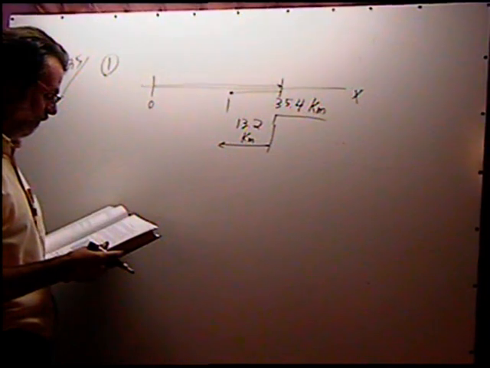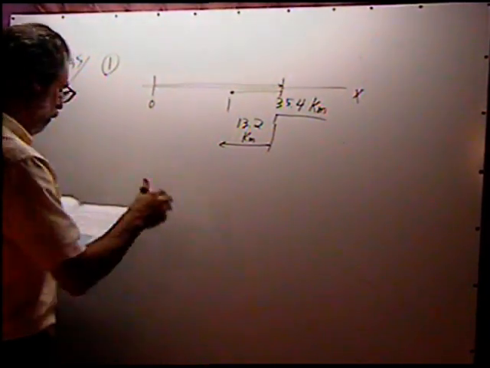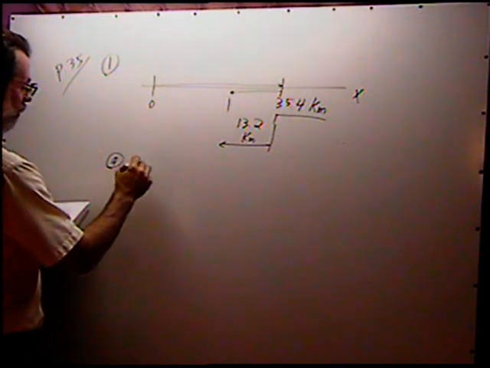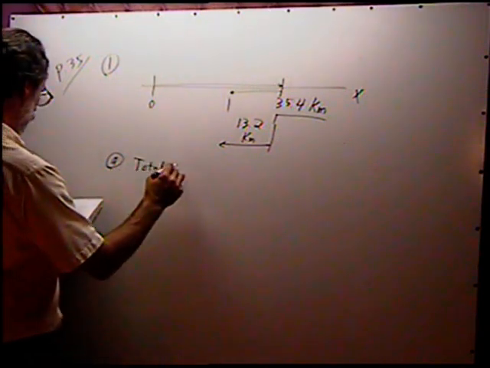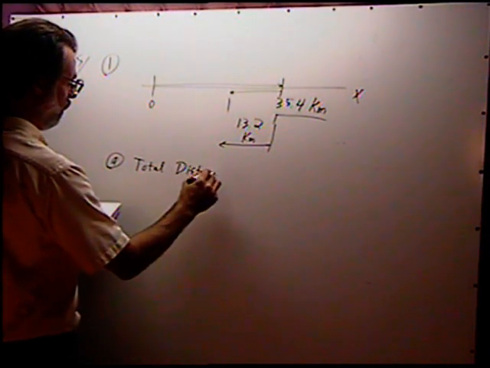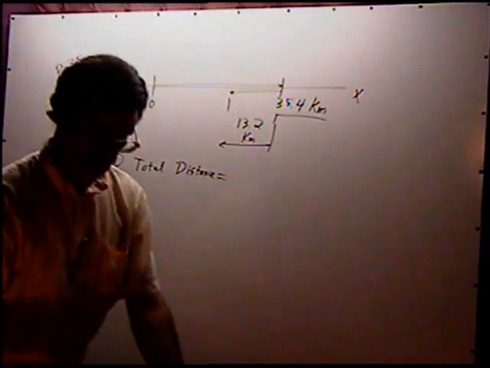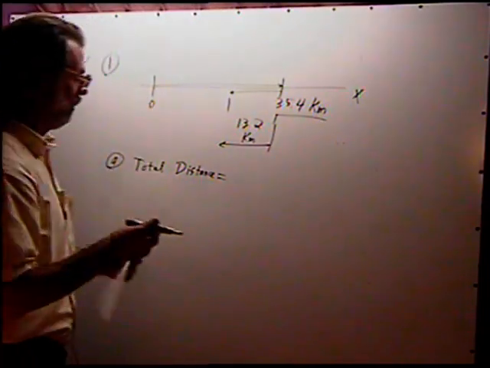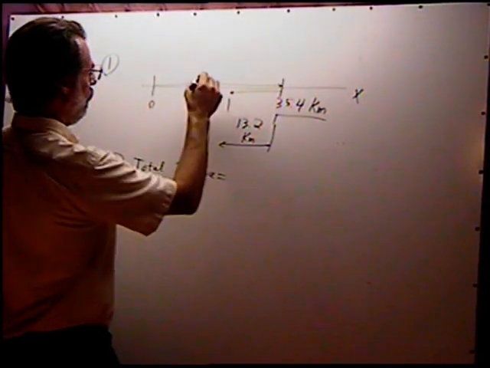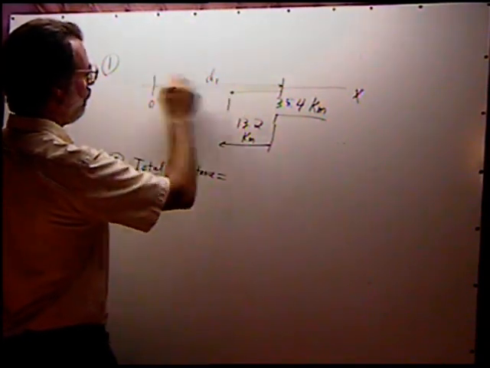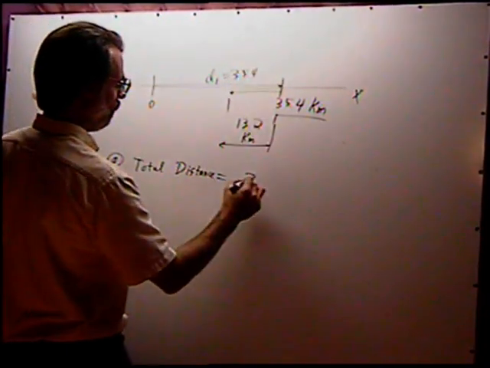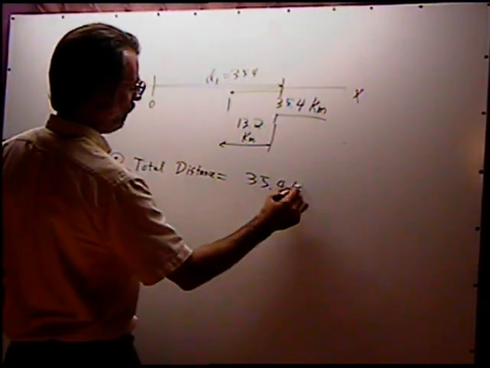Okay. The first question is, what's the total distance traveled? What is the distance covered? The total distance covered is this D1, the D1 distance was 35.4 kilometers.